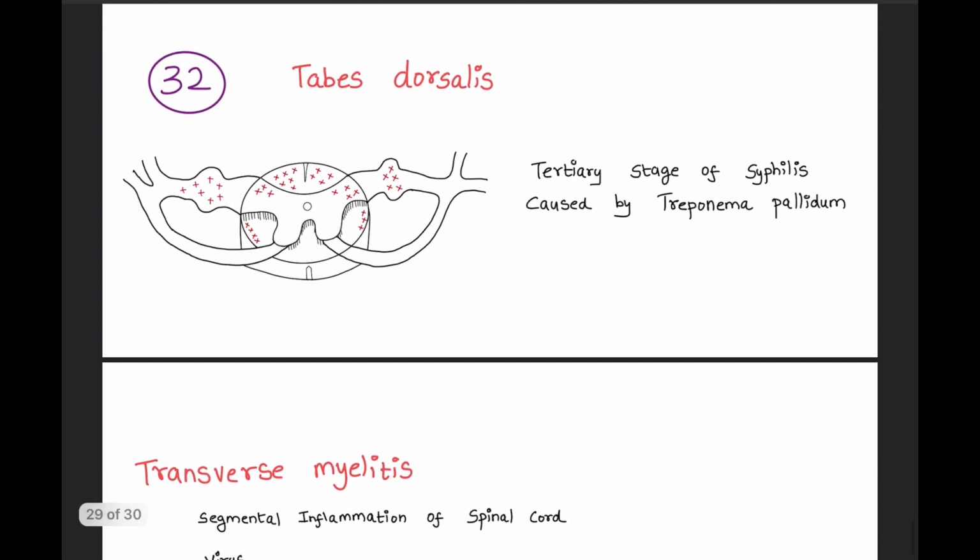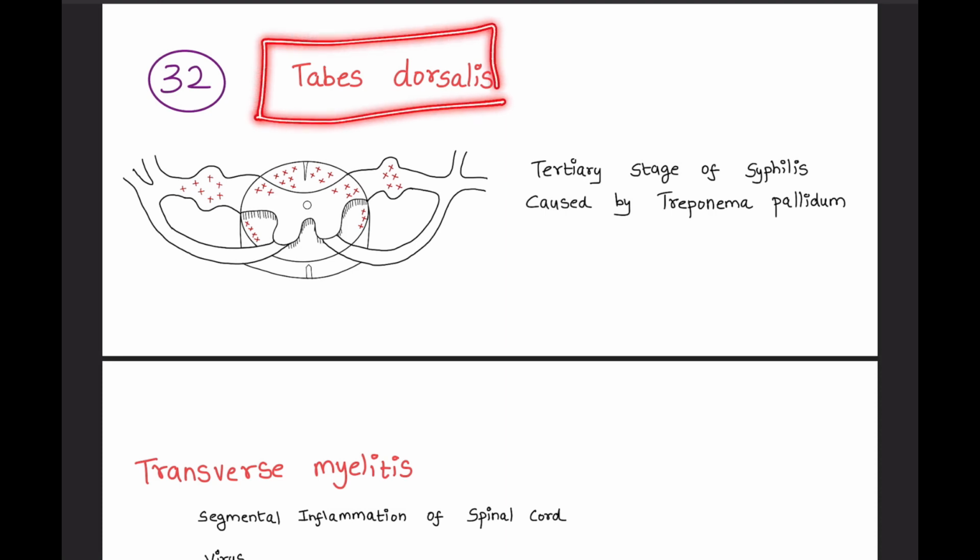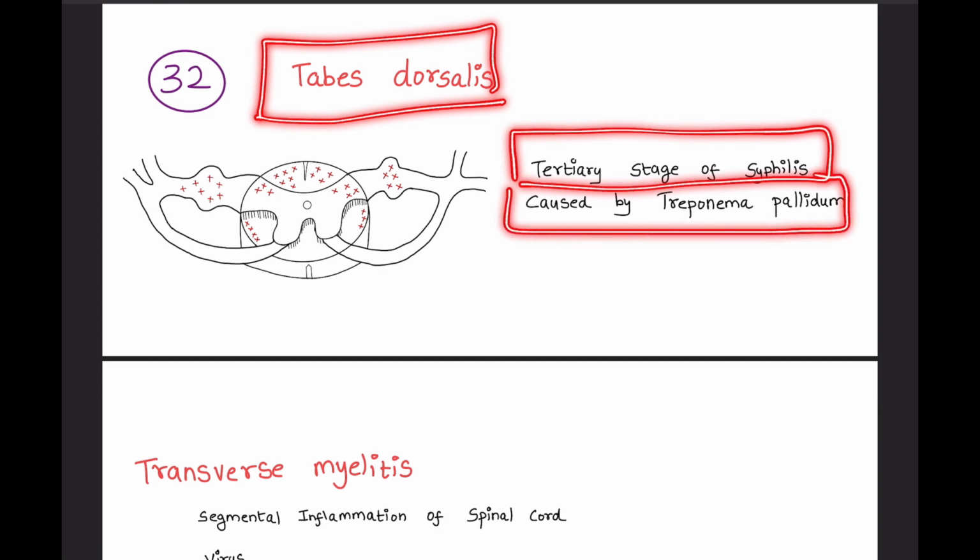Then the next case, there is a lesion in the dorsal root, and in this condition the lesion is progressive and spreads to the dorsal columns, and it spreads to the white matter and gray matter of the spinal cord. This condition is known as Tabes Dorsalis. You see this condition in the tertiary stage of syphilis caused by Treponema pallidum.